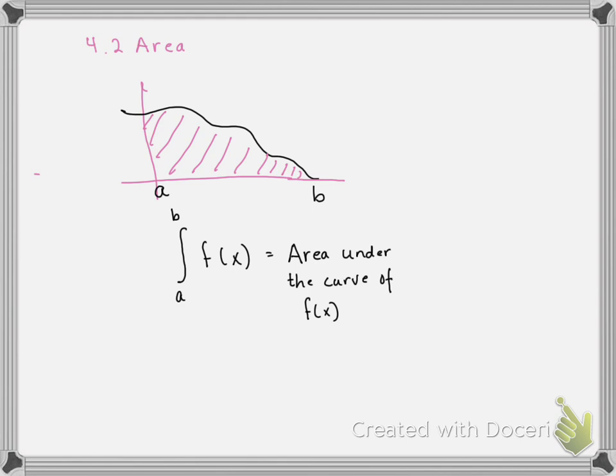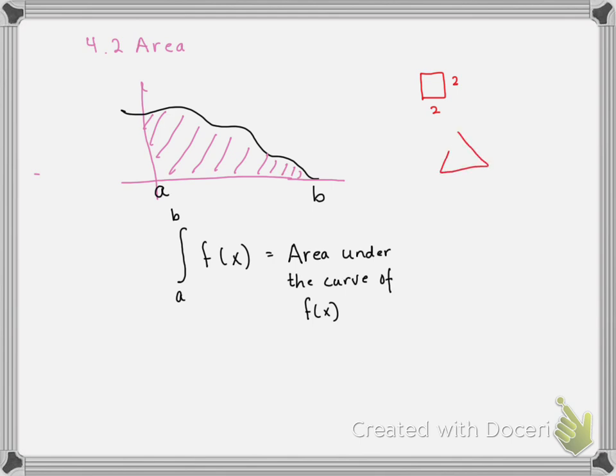Okay, so the area, we've got this random weird squiggly curve here with the endpoints A and B, okay? That shaded pink region under that curve from A to B represents the area. Now, if that was just a random square and we knew the side lengths of that square, we could find the area, okay?